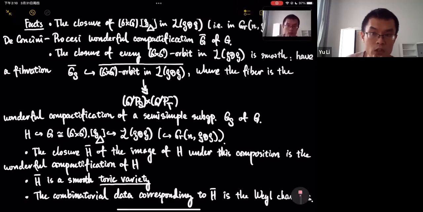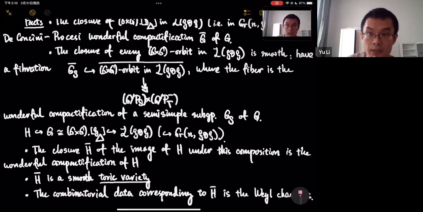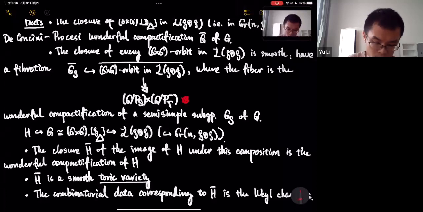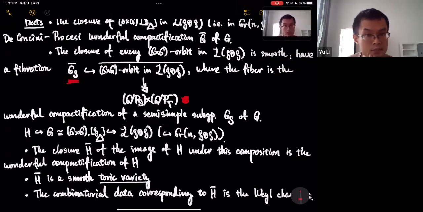So in other words, if we pretend that we understand partial flag varieties relatively well, then to understand closures of G cross G orbits, we should start by understanding wonderful compactifications.